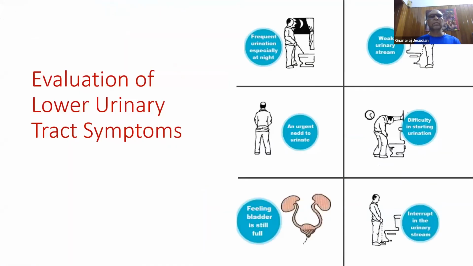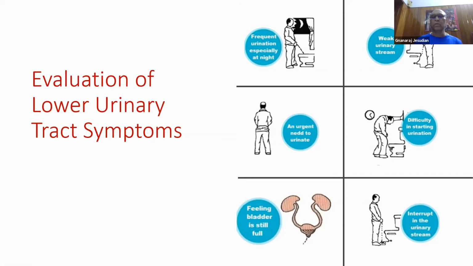And again, the next most common indication for doing it is to evaluate what we call the lower urinary tract symptoms. So these are symptoms which we discussed in detail last time, for which we do the cystometrogram. So here there is hesitancy, then the urinary stream is poor, then we can have what is called intermittency, or the sensation of incomplete voiding, or increased daytime frequency, or passing more urine at the night, and so on.